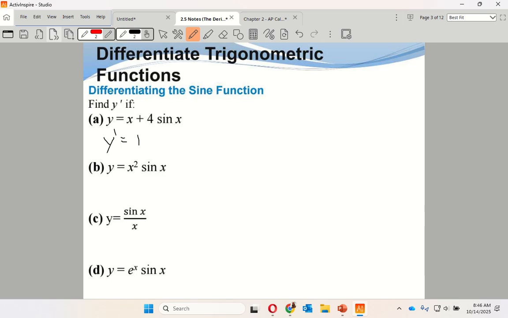Am I changing the signs? No, I'm not changing the sign, so that plus sign stays a plus sign. The reason why I'm asking is because sometimes when you take a derivative, like of cosine, it changes the sign because it becomes negative sine. So this is going to be plus 4 cosine x.